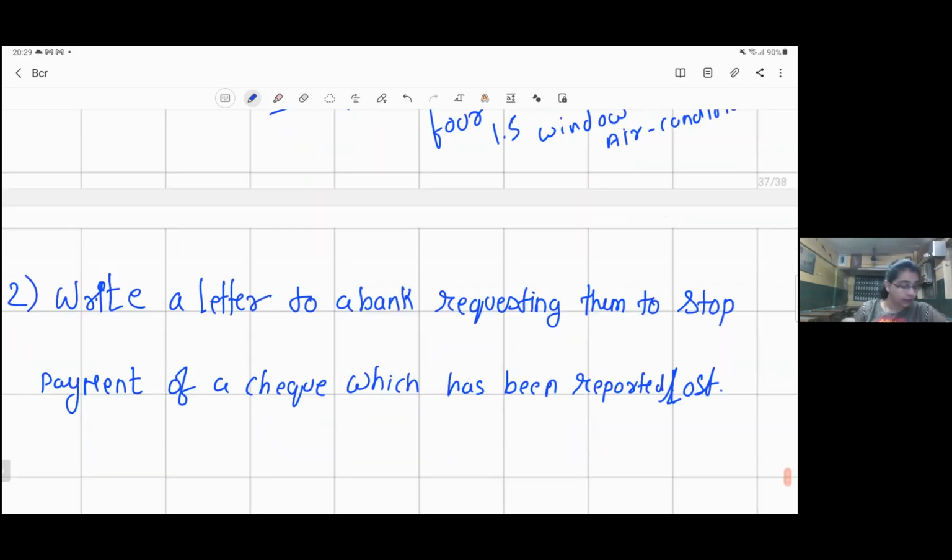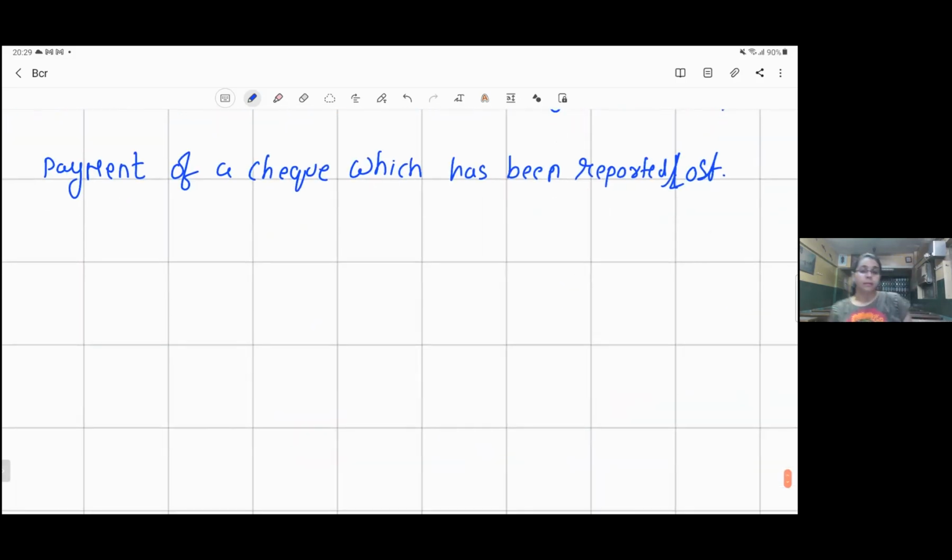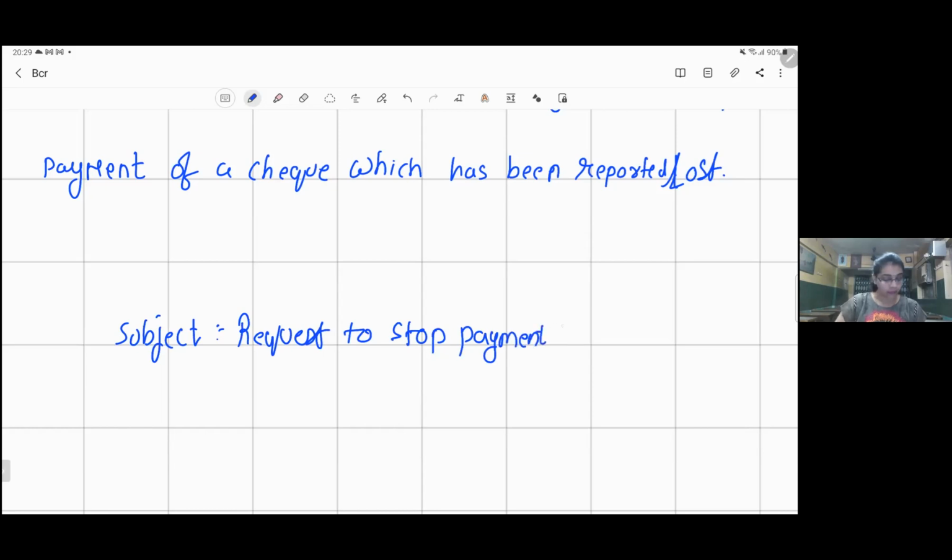Then you all are going to write the subject: request to stop payment of check number.